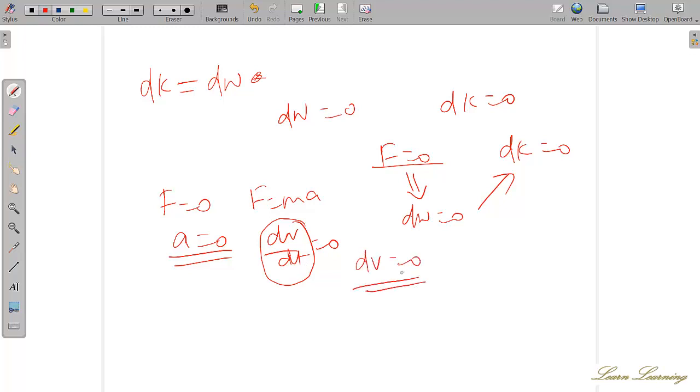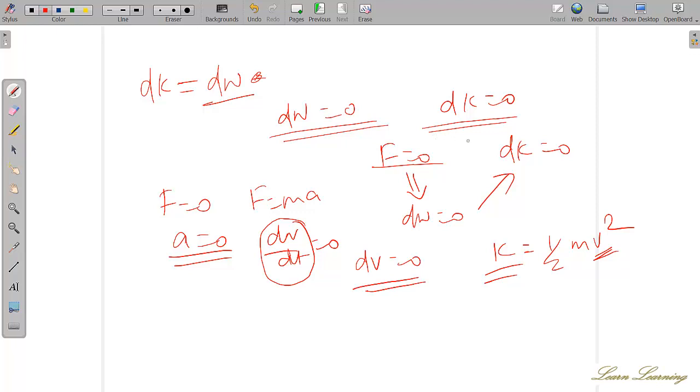Since there is no change in velocity, what is your kinetic energy? Half mv square. Since velocity is not changing, and we are not studying variable mass here, only velocity could change. Since the velocity itself is not changing, the kinetic energy will also not change. Basically, when the total work done on a body is zero, the change in kinetic energy will be zero.